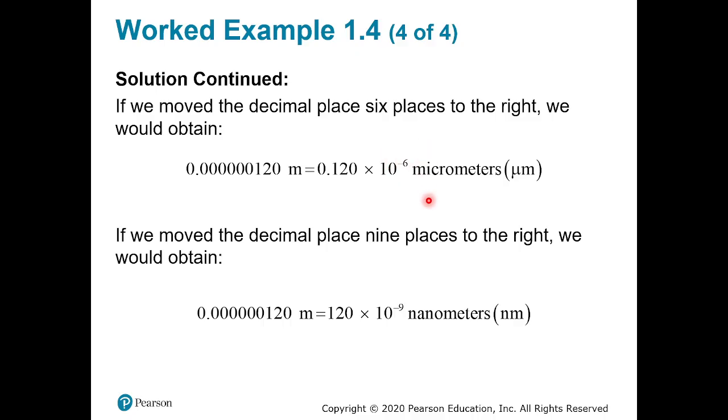Or we could write 120 nanometers. And again, this is just the definition of nanometers here, okay? And that would represent that same number in prefix format, so we can more easily discuss it in a table of values.